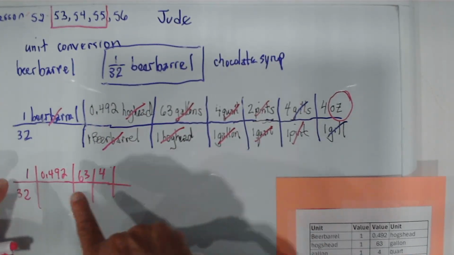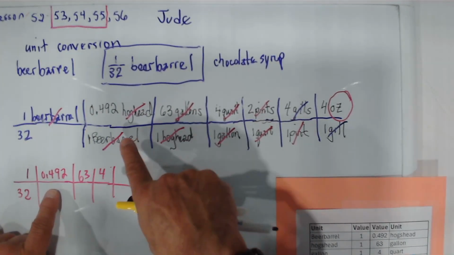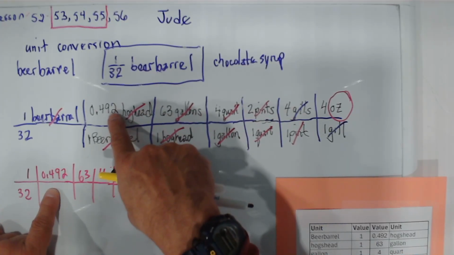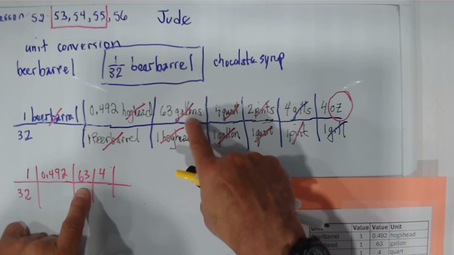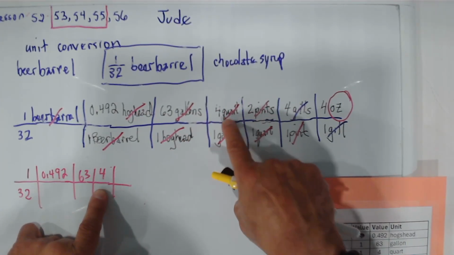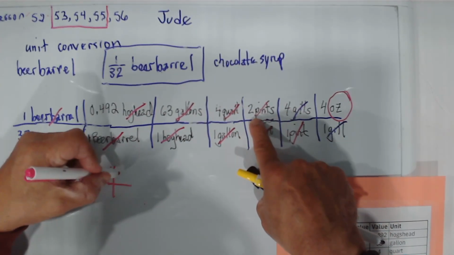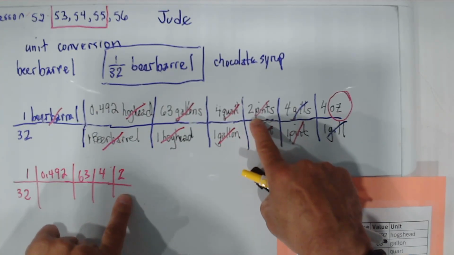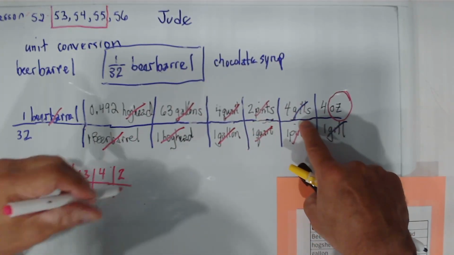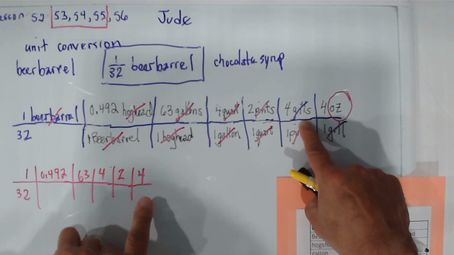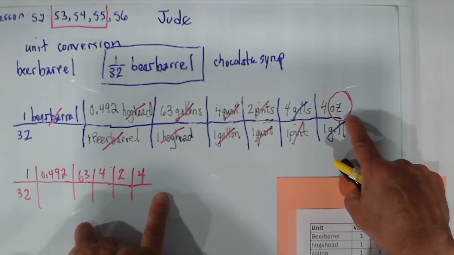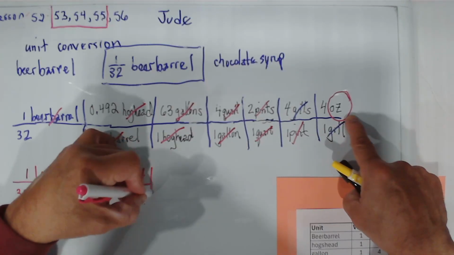I'm just going down the line: 1, and then that 0.492 is a hogshead, 63 gallons, 4 quarts, 2 pints, and I need another one here for 4 gills and 4 ounces.